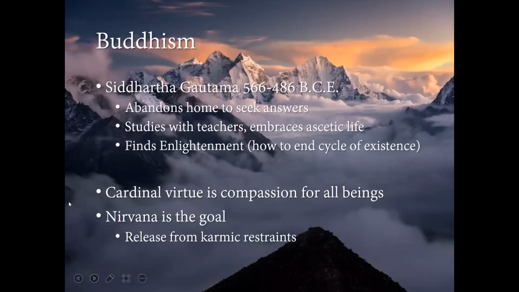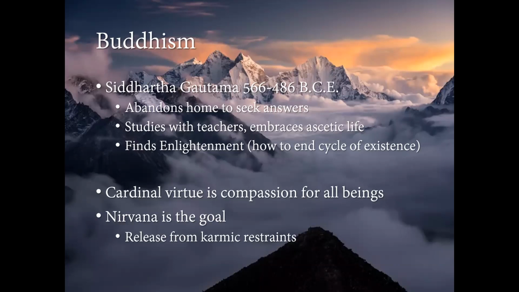Okay, the other one you're probably more familiar with is Buddhism, which is traced to one man, traditionally Siddhartha Gautama, and you have the dates for his life there. It's probably the greatest export that Indian civilization has given to the rest of the world in some regard. He was a contemporary of Mahavira.